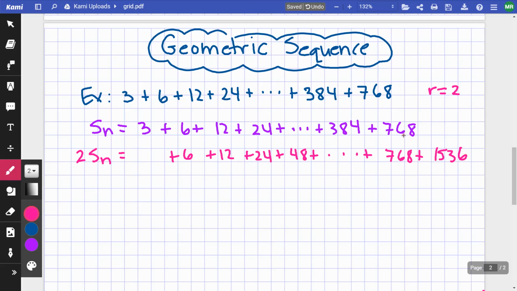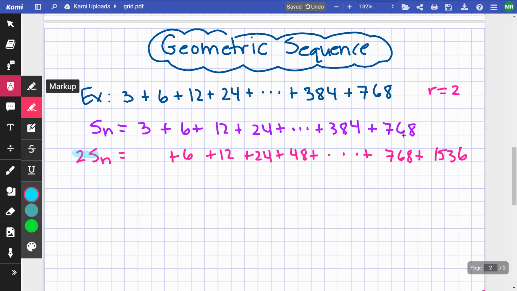So what I'm going to be doing now is I'm going to be multiplying this whole entire equation by a -1 so that I can minus it from the first equation.